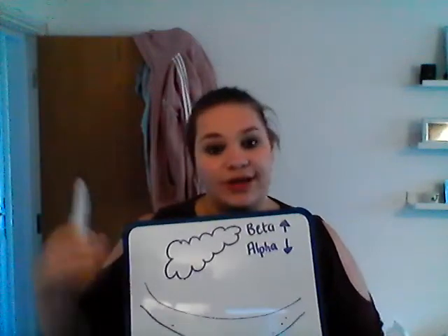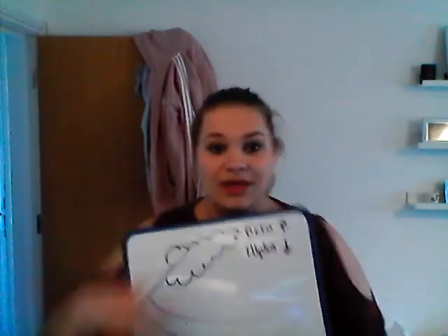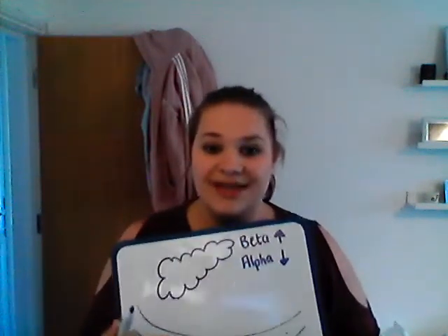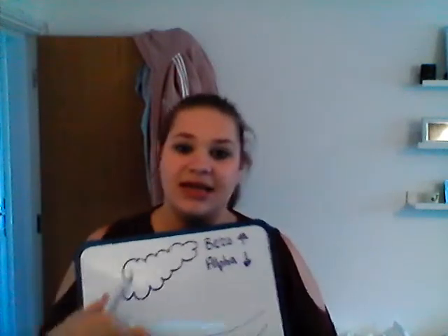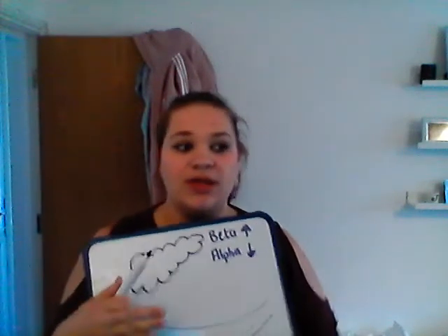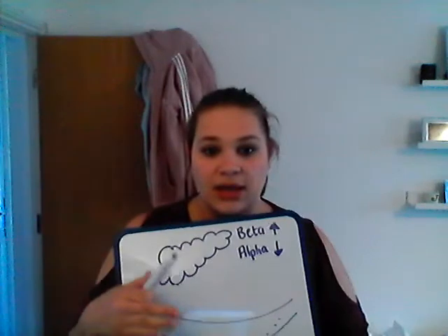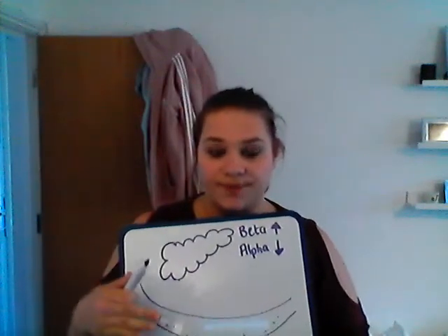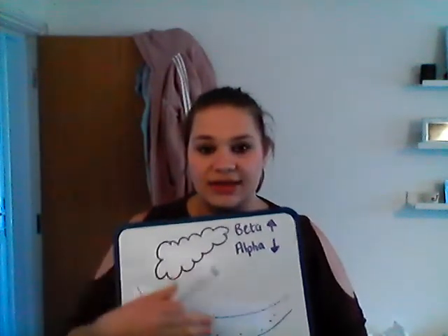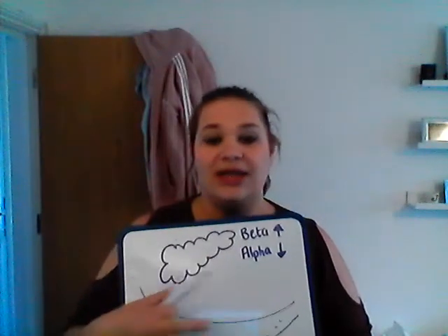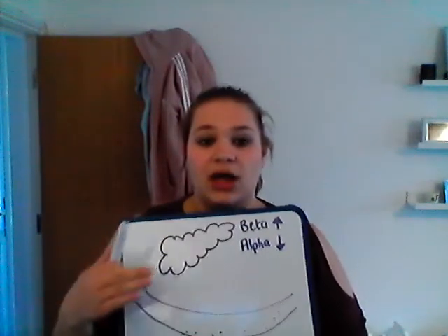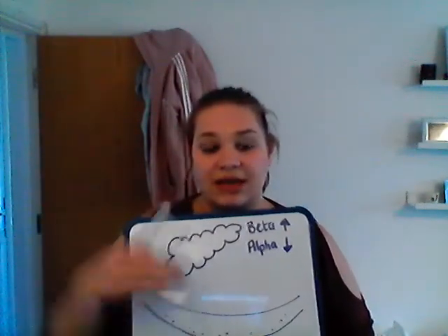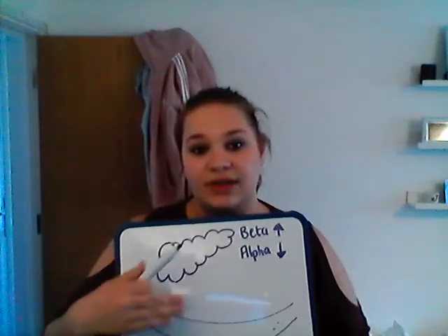Then you've got gestational diabetes. So here's where our pregnancy comes in. The placenta actually releases hormones, one of them being human placental lactogen. And this naturally, in all women when they're pregnant, creates insulin resistance.